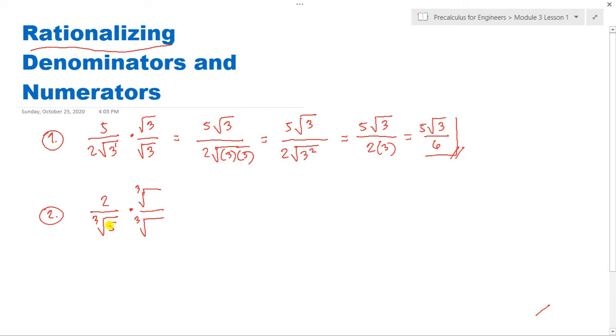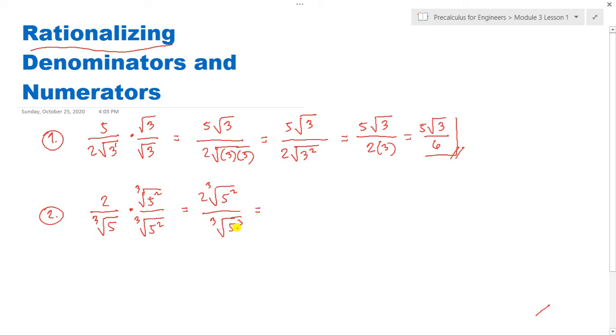To make it 5 cubed, what do we multiply? Of course, 5 squared, because 5 squared times 5 is 5 cubed. So we put cube root of 5 squared over cube root of 5 squared. Again, do the multiplication. We have 2 cube root of 5 squared all over cube root of 5 cubed.